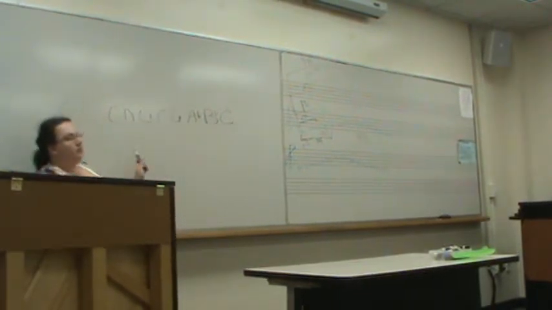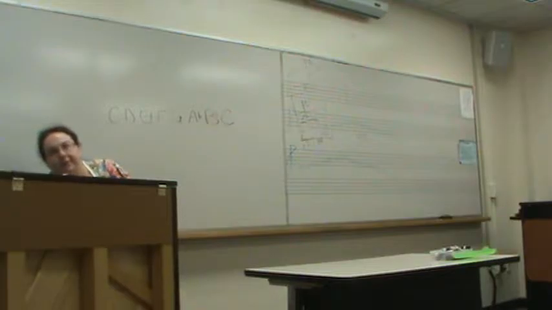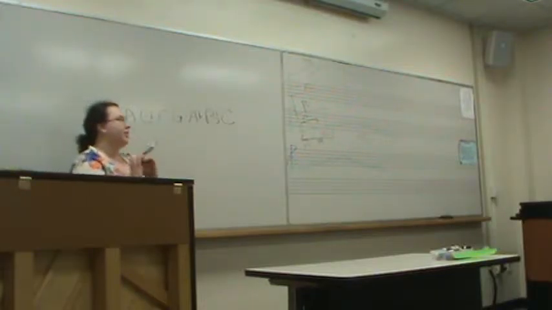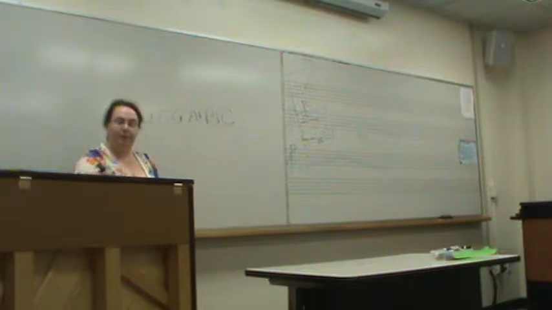So if you guys want to sing with me real quick, starting with C. So we have C, D, E flat, F, G, A flat, B flat, C. That was beautiful, you guys. First try. Awesome.